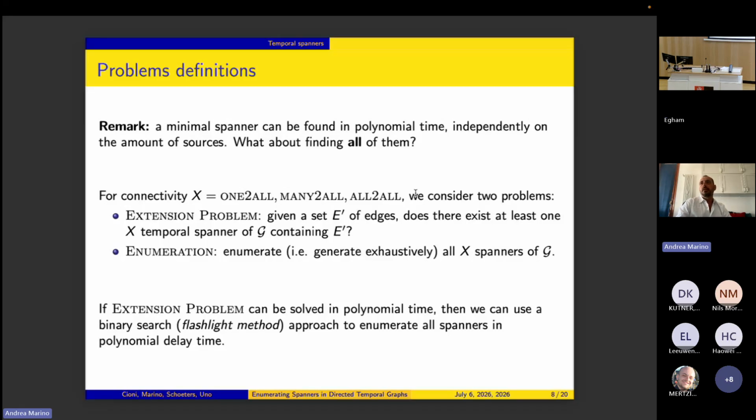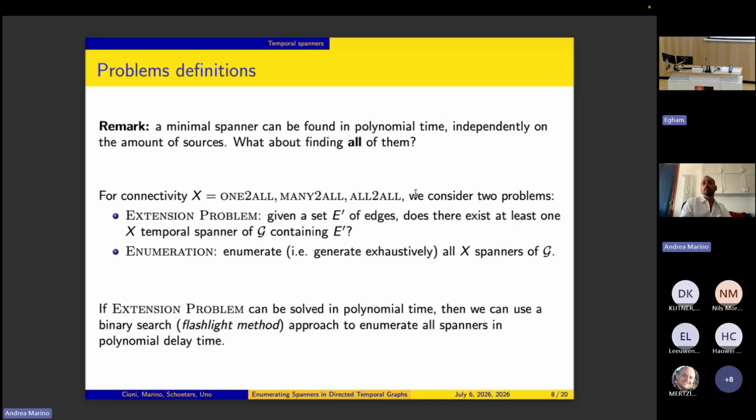This relies on a very well-known pattern of algorithm design for enumeration, called in the enumeration community the flashlight method. Basically, for each edge you explore the possibility of taking it or not taking it. And what is interesting is that in each of the two possibilities, you can be sure, by doing the check of the extension problem, whether this recursion will lead you to a solution.